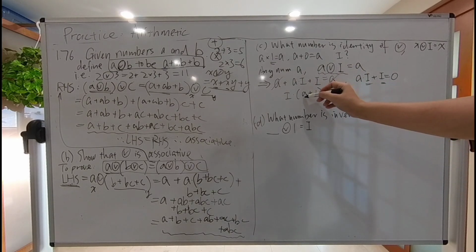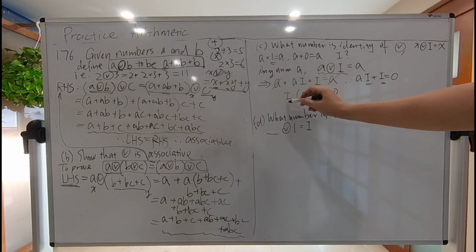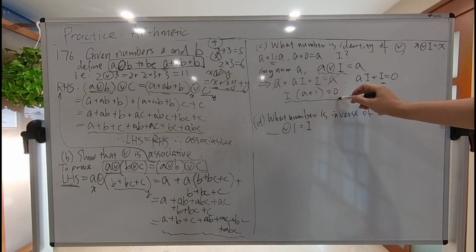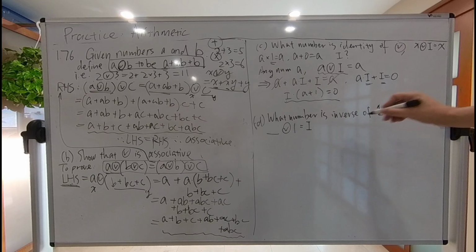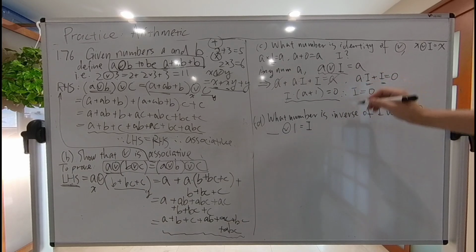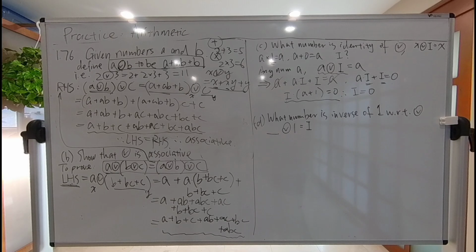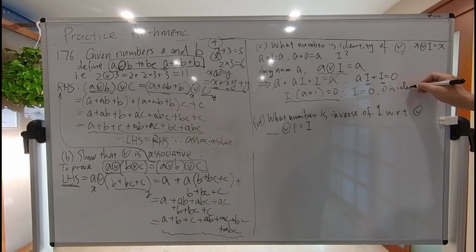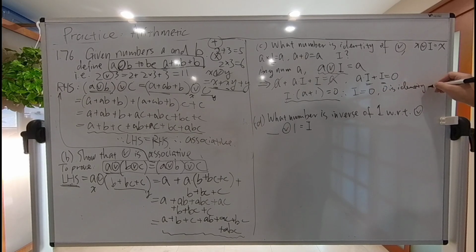Now we can see that if A is any number, then in order to make your left hand side equal to 0, the number I must be 0. And only when I equals 0, I is the identity, or 0 is the identity of this operator.